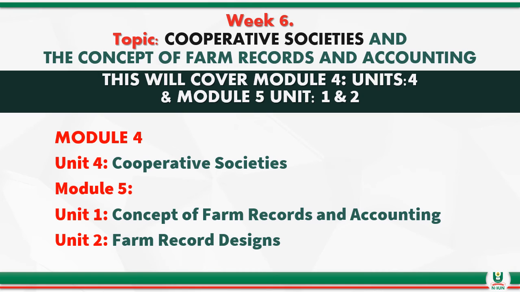And then in Unit 2, we will talk about farm records design. How will you design your farm records? When we talk about design of farm records and accounts, it's a combination of the records of production and income and expenditure on the farm.